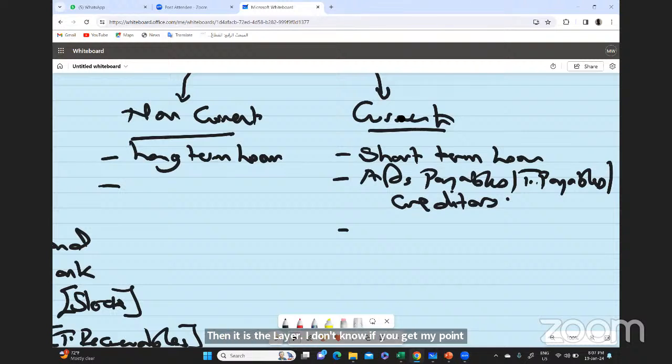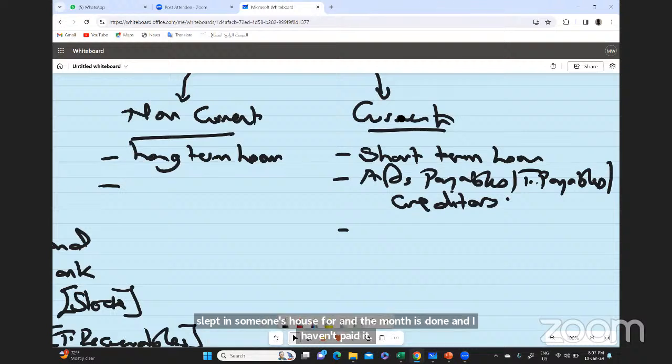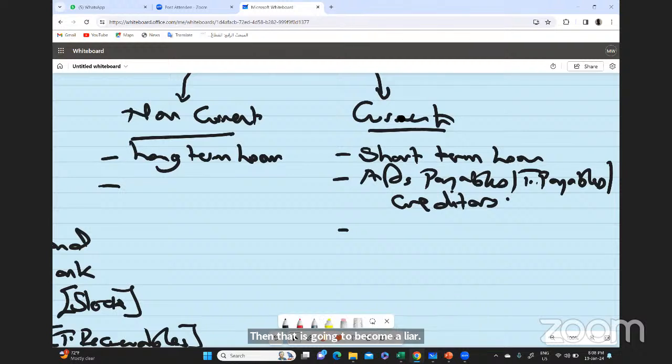Rent is an expense, but if I've already slept in someone's house and the month is done and I haven't paid it, then that becomes a liability. It means that rent is outstanding or accrued. That is an example of a current liability, but I'm not going to bring it now. We shall introduce it later.